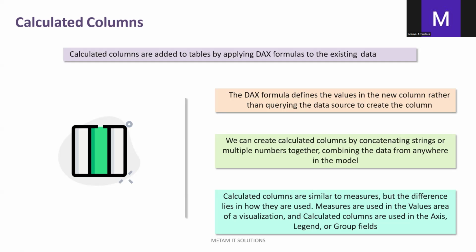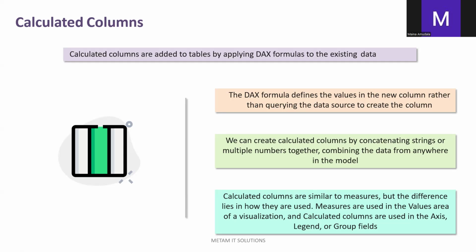So the DAX formula defines the value in a new column, rather than querying the data sources to create the column. We can create calculated columns by concatenating strings or multiple numbers together, or combining data from anywhere in the model.